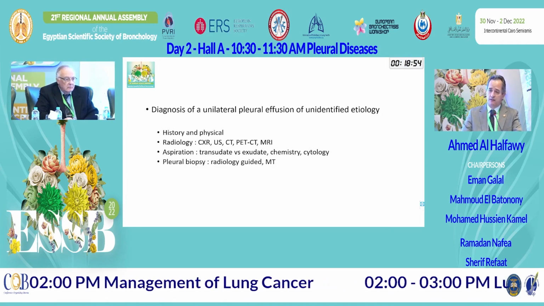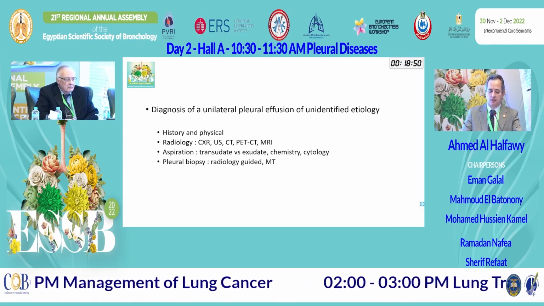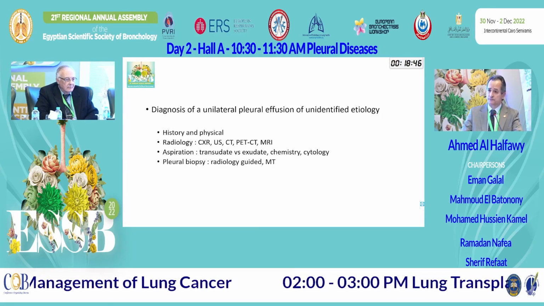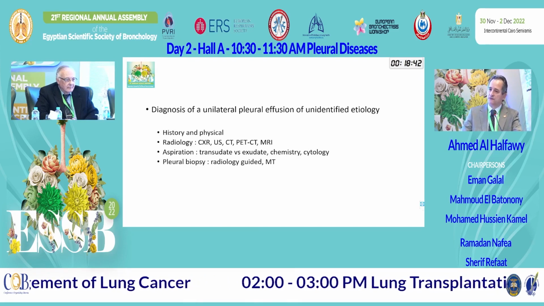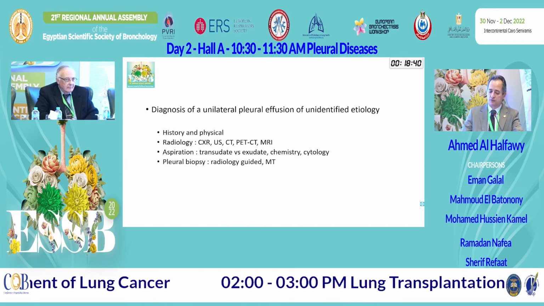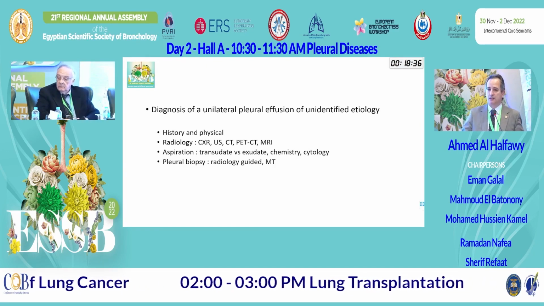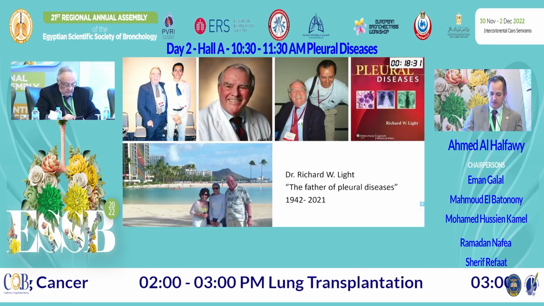Sometimes we can reach a diagnosis at this stage, and if not, we move on to aspiration, which will confirm whether it's a transudate or exudate. We will have chemical analyses and cytology. And then if no diagnosis is reached, we move on to pleural biopsy.